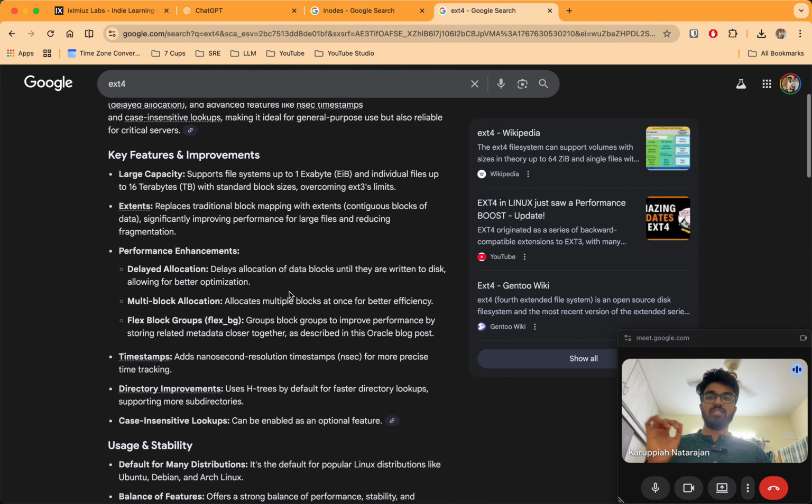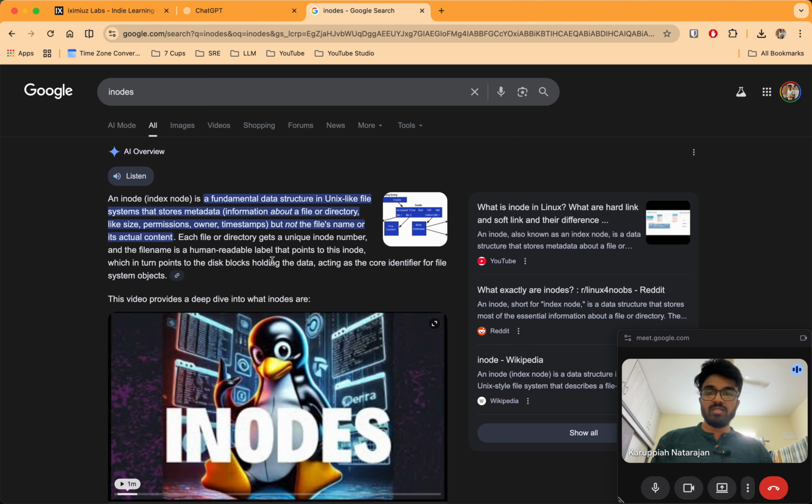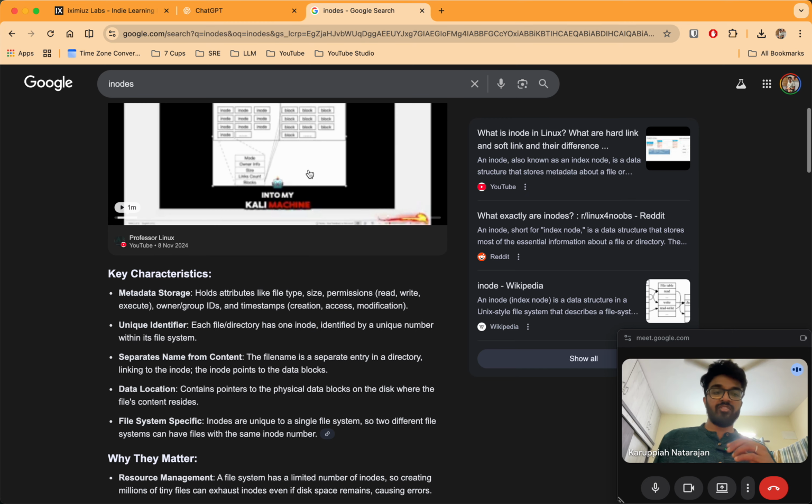For now, we'll just get into the idea of what is an inode and in which file systems it comes up and what it means. So inodes, as you can see, the basic thing is that it is used to store metadata about a file or a directory, and it comes up in the context of a file system only.